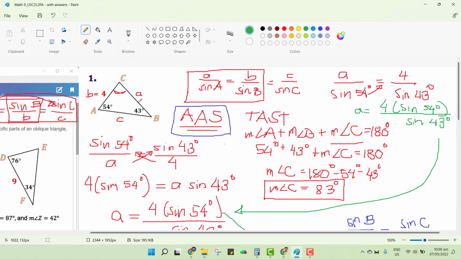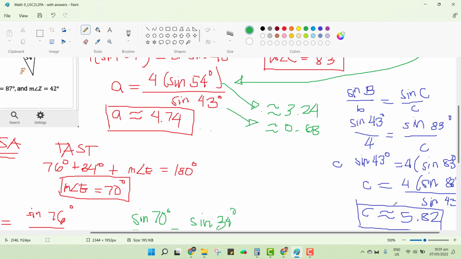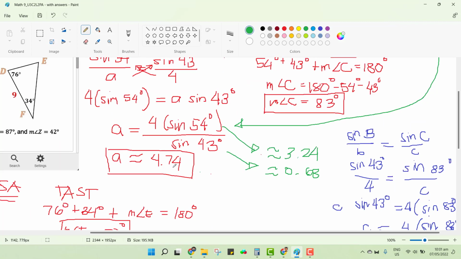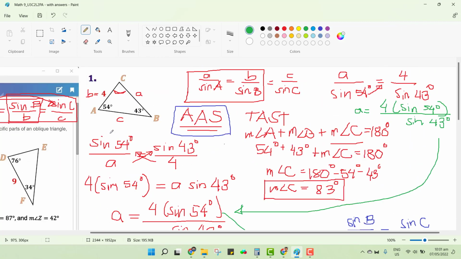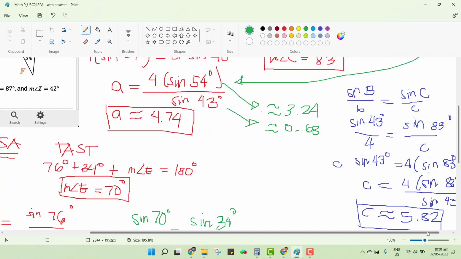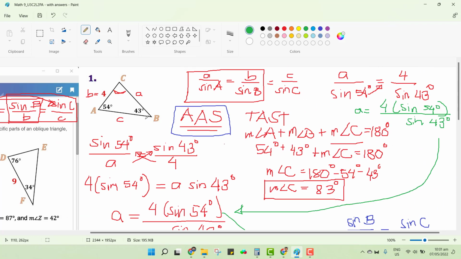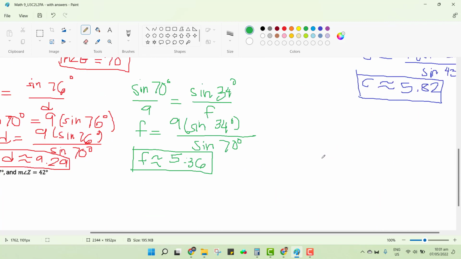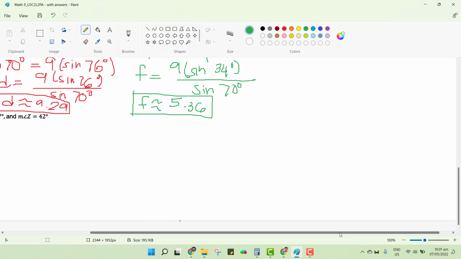Here, the biggest angle here is 83 degrees, angle C. And side C measures 5.82, longer than 4.74, which is A, and even B, which is given to be 4. Okay, so again, the biggest angle here is angle C, so 83 degrees, followed by angle A and angle B. Hence, it should be C, A, and then B. So that's one way of checking whether your answers are correct or not.